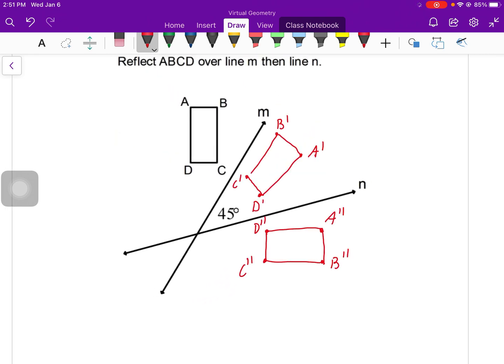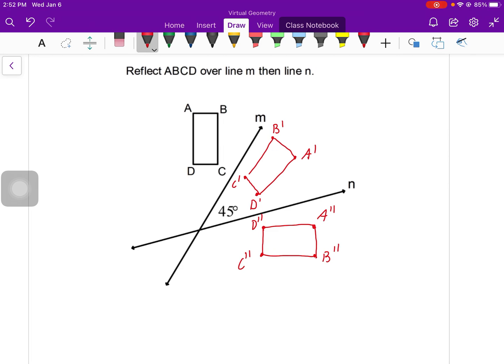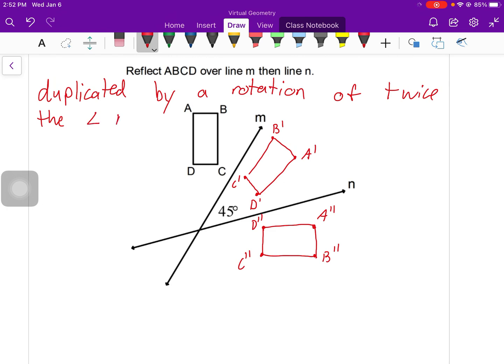All right, so this is the cool part. If we are reflecting over two intersecting lines, this can be duplicated by a rotation of twice the angle measurement between the lines.